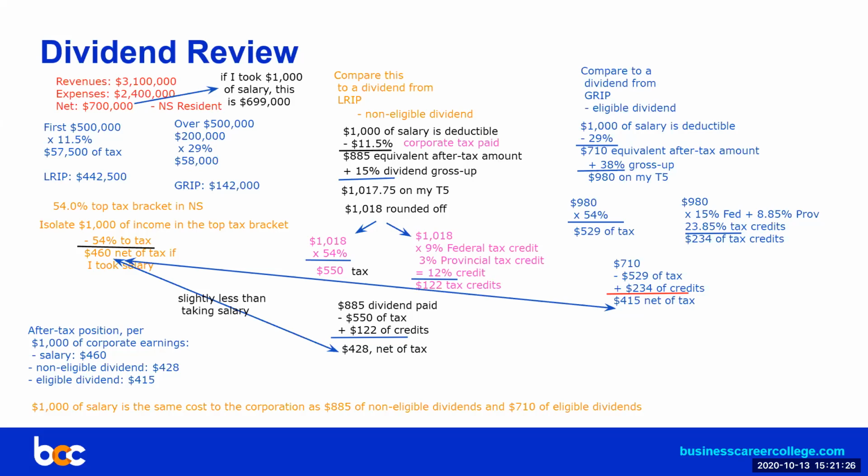I feel like something went wrong with my left-hand calculation. Bear with me, what did I do wrong in my math on the left side in the pink and black? Something is not right there. 2018, we're at a 54% tax bracket. Use the right tax credit.